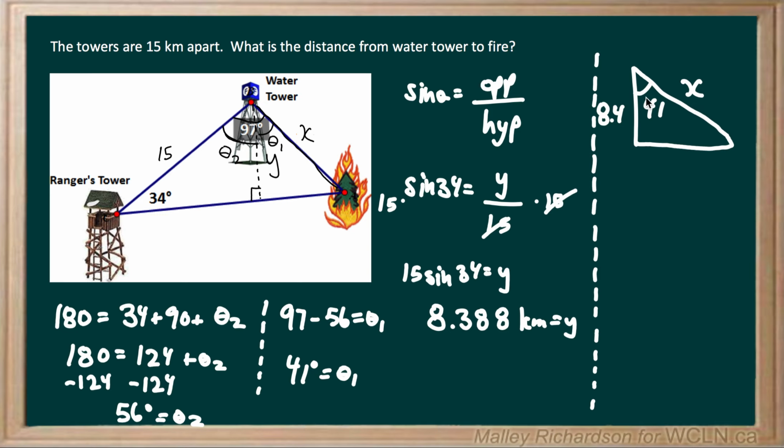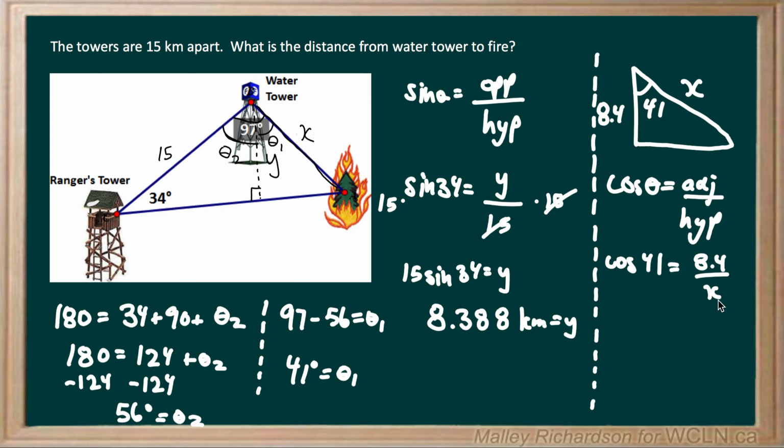So to do this, we can see that our angle is adjacent to 8.4 and the hypotenuse is x. So because we have a hypotenuse and an adjacent, we want to use cos, because cos theta equals adjacent over hypotenuse. Now we want to fill in what we know. We know that theta is 41 degrees. Our adjacent is 8.4, and our hypotenuse is x.